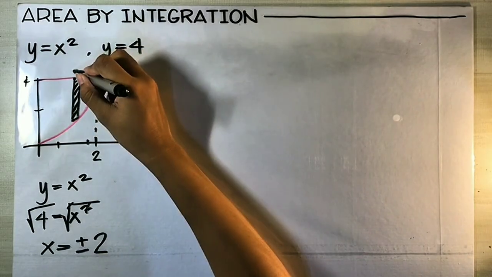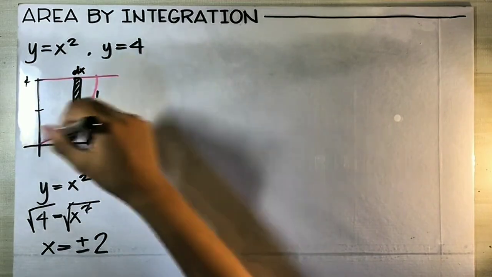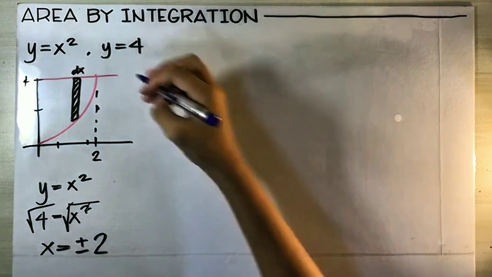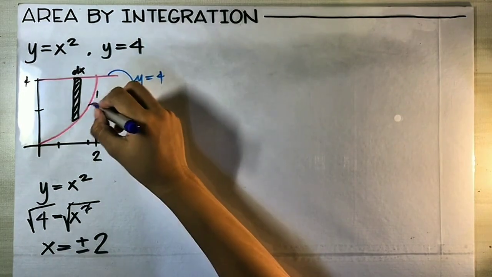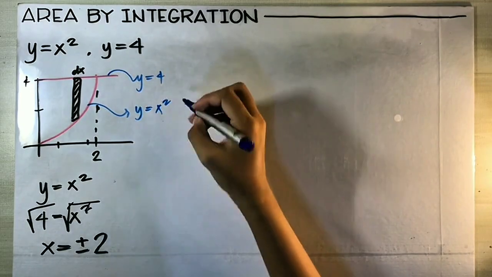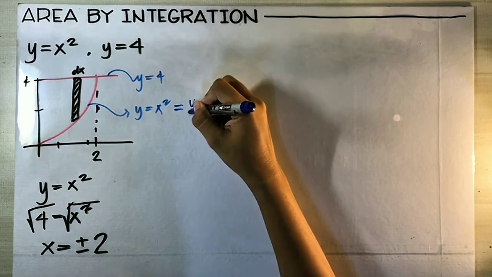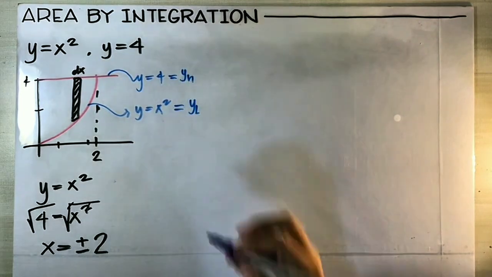And this is going to be dx, since our reference axis is x. So this line is y equals 4, and this line is y equals x squared. So this is our y low, and this is our y high.